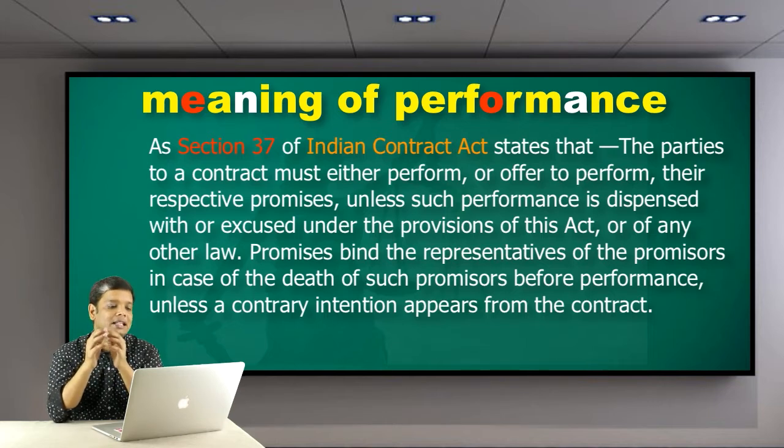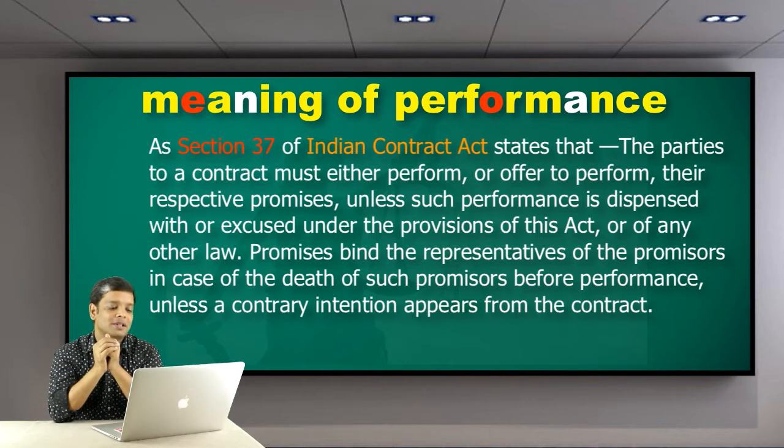The parties to a contract must either perform or offer to perform their respective promises unless such performance is dispensed with or excused under the provisions of this Act or of any other law.